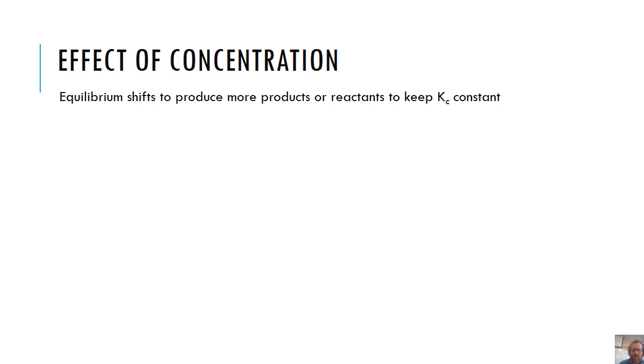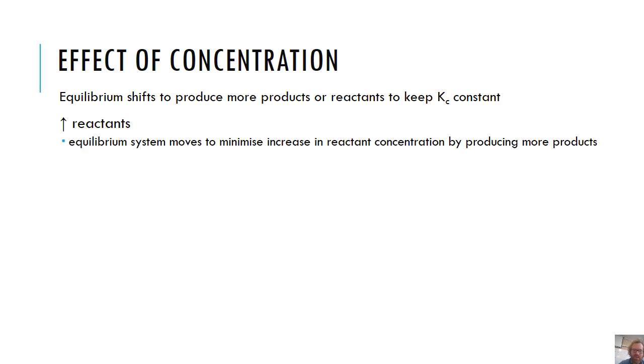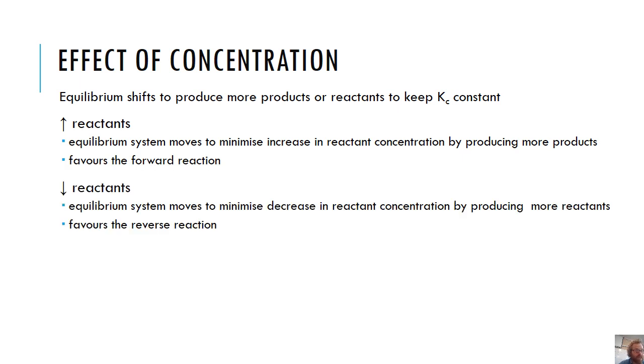So here are the scenarios. The equilibrium shifts to produce more products or more reactants to keep Kc constant. An increase in reactants is going to shift to minimize the increase in reactants by producing more products, favoring the forward reaction. If we decrease the reactants, the equilibrium system will move to minimize the decrease in reactant concentration by producing more reactants.